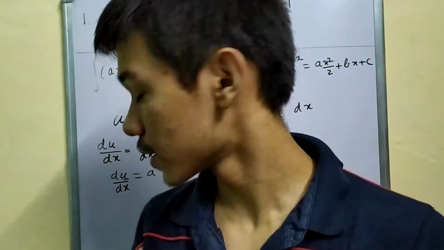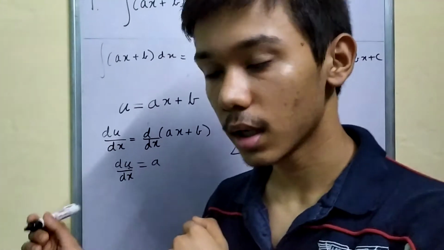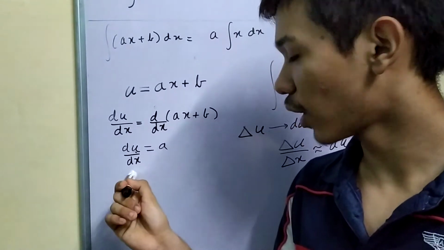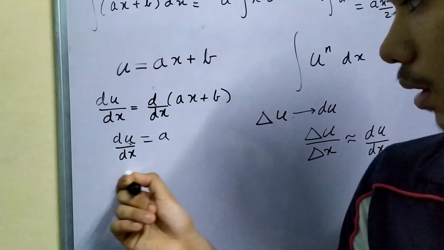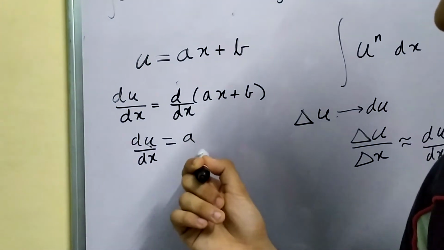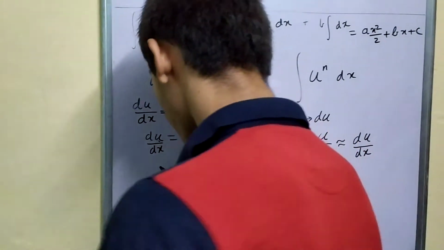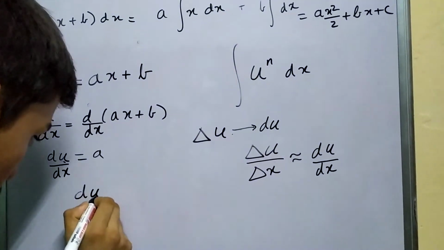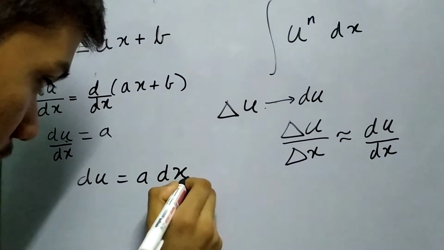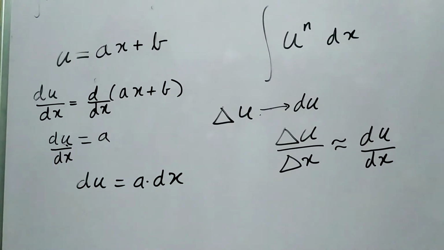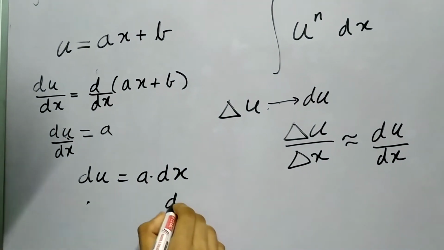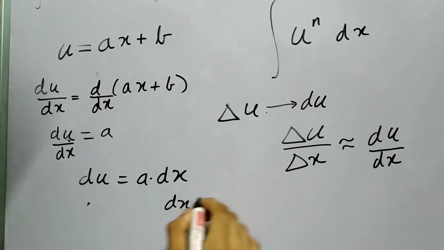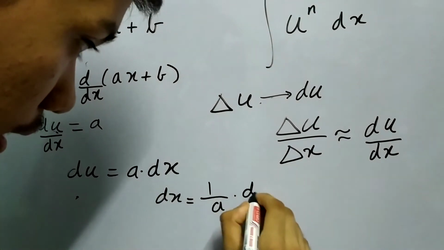Now what you can do is shift your dx onto the right hand side of this equation. So what I mean is du equals a dx. I've shifted this dx, and this gives dx as 1 by a du.